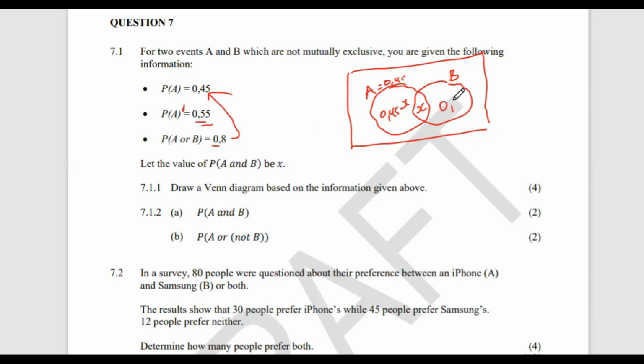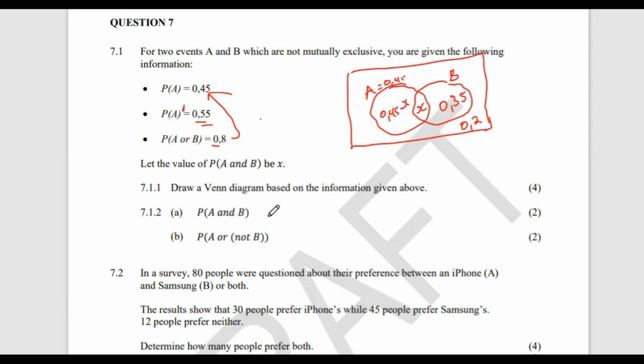So that is going to be the B alone. 0.35, B alone. Then, if this union is 0.8, which means I'm short with 0.2 to give me a total of 1. Because remember, probability must always be 1. So this is my 0.2 outside.